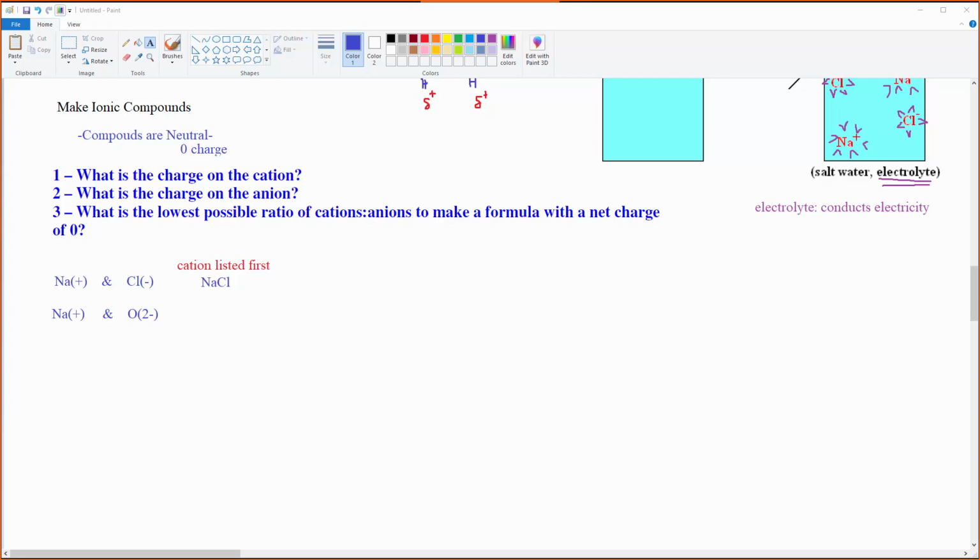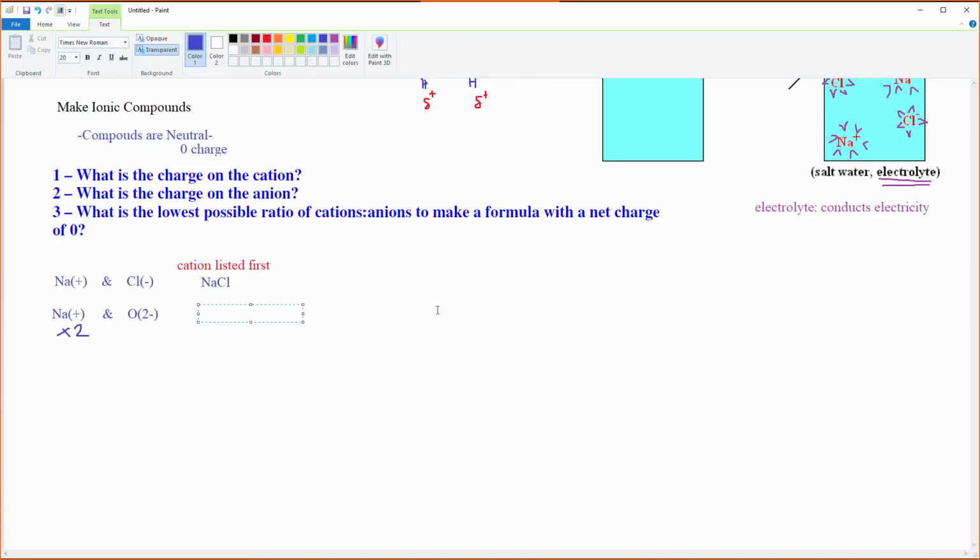Perfect. Nicole and Sarah both noted that I need 2 sodium ions. And if I put 2 sodium ions there, times that by 2, that'll give me 2+ overall charge contribution from the sodium. That'll cancel out the 2- from the oxygen. And so that will give me a formula that is totally neutral, has 0 net overall charge.